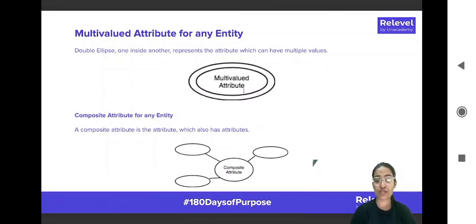Then we have the composite attribute, which is made up of simple attributes. You take multiple attributes, you connect them to another ellipse, and that's how you make the composite attribute, which is a connection of multiple simple attributes.